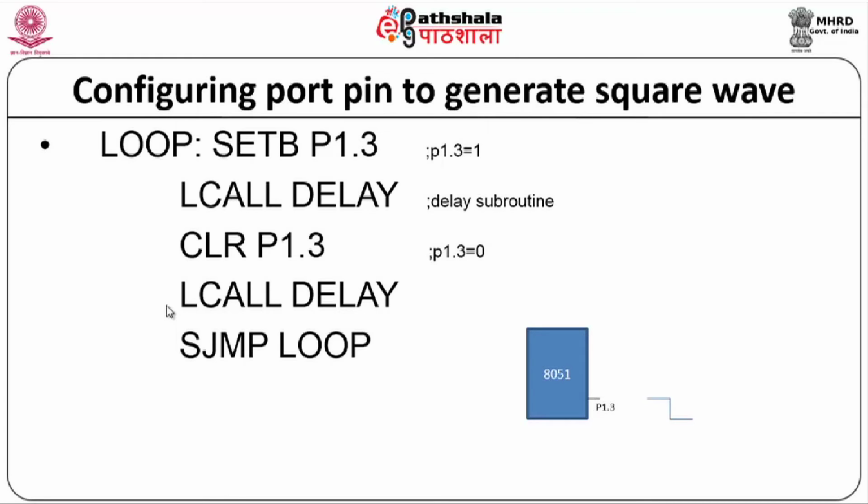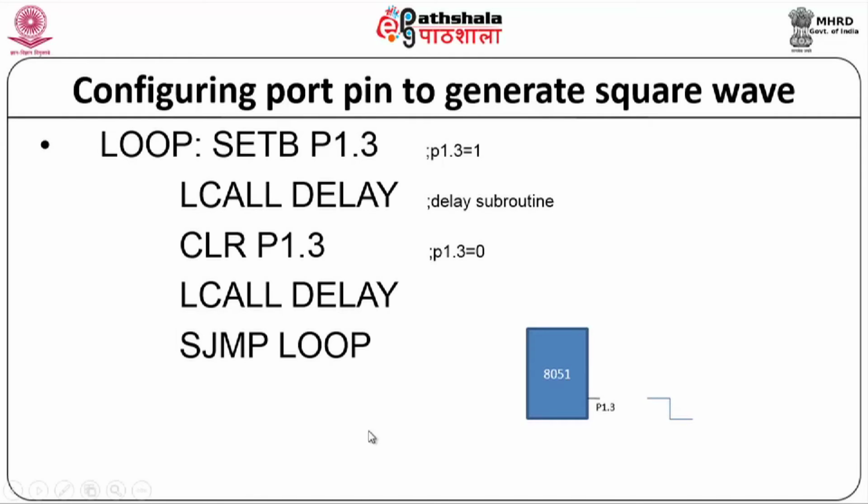You just see that this is an example code to generate a square wave with your 8051 port. Here, first I will be setting P1.3, which means it is equal to 1.